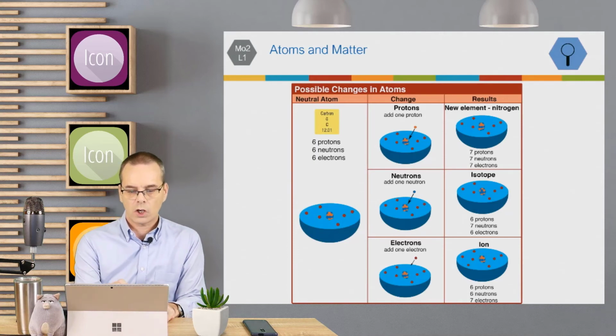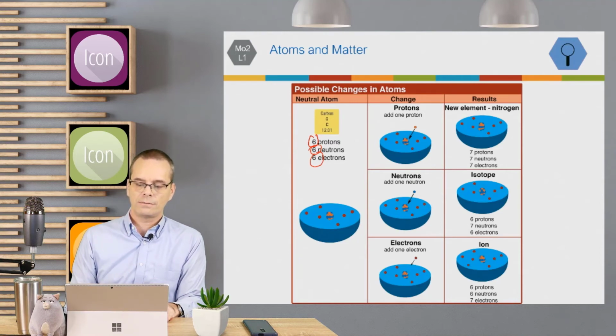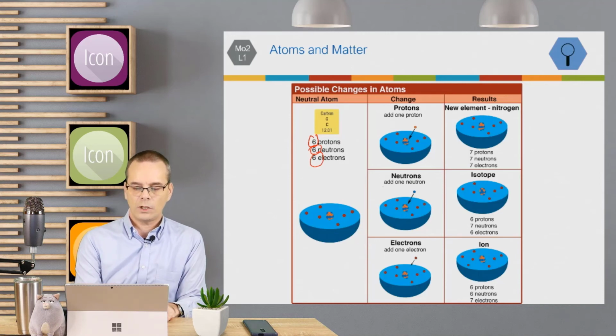So here we have carbon, 6 protons, 6 neutrons, 6 electrons. So then we add to carbon, add 1 proton. Just add 1 proton to it, and you have a new element, nitrogen. If you add 1 neutron, you have an isotope.